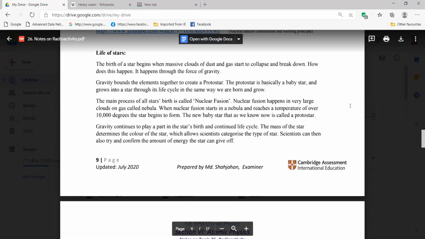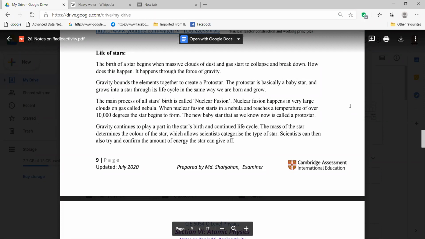In the same way, we are born and grow. The main process of all stars' birth is called nuclear fusion. Nuclear fusion happens in a very large cloud of gas called a nebula, where nuclear fusion starts and reaches temperatures of over 10,000 degrees. The star begins to form. The new baby star, as we know, is called a protostar.